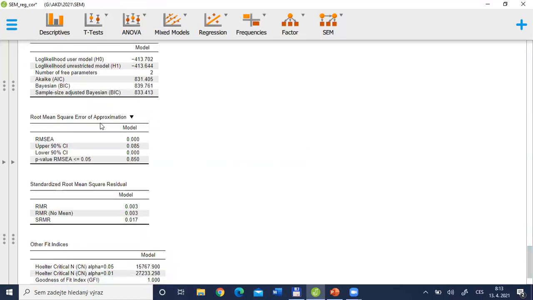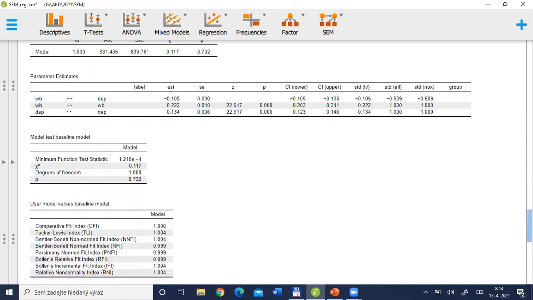Root mean square error of approximation should ideally be below 0.08, and the next measure of, let's call it, error in our model, which is called standardized root mean square residual, SRMR, should be below 0.05. So all these thresholds are fulfilled here, and it's no big surprise if the chi-square test is statistically insignificant. It seems that our model should be correct.